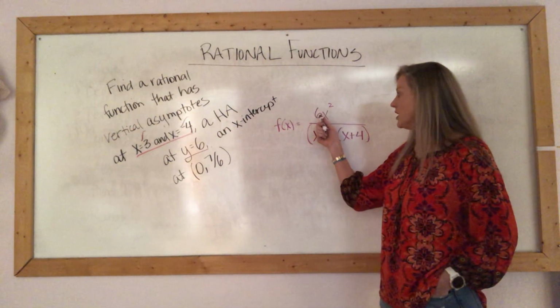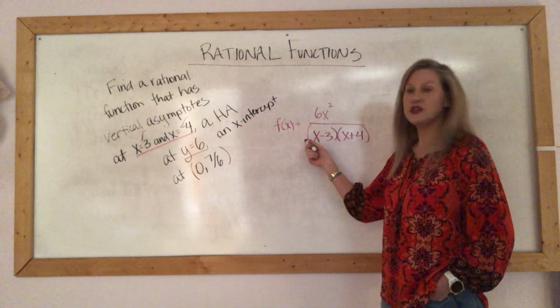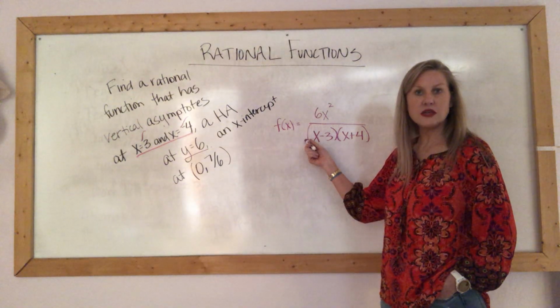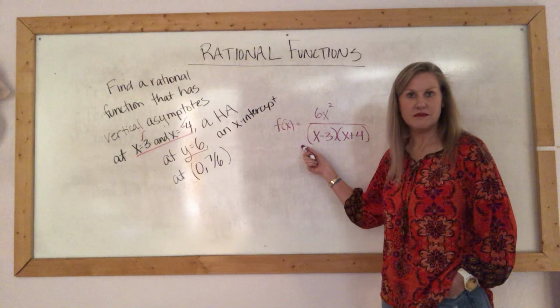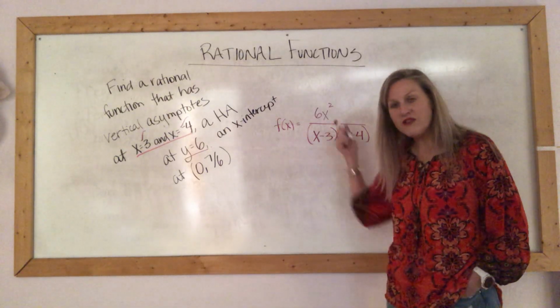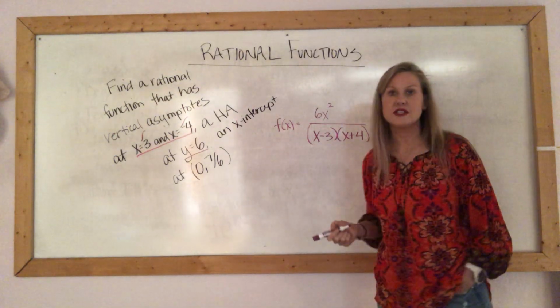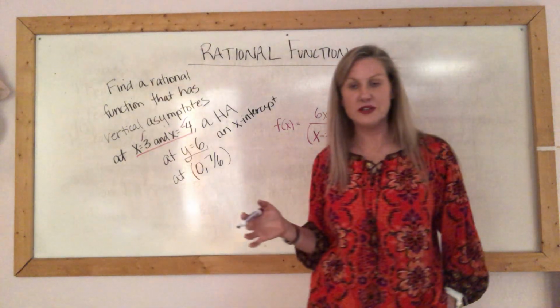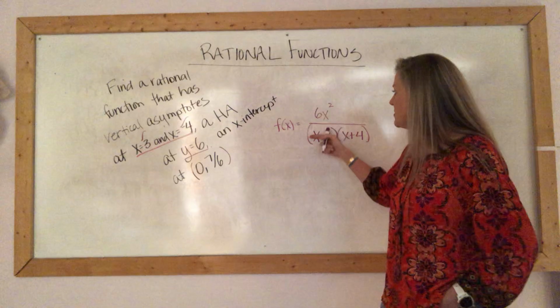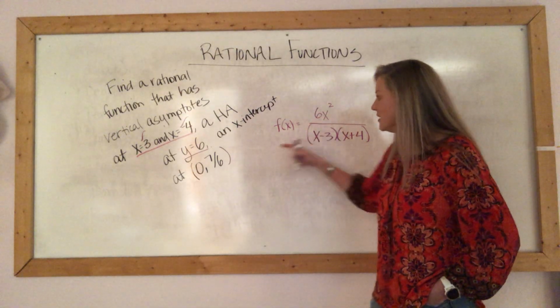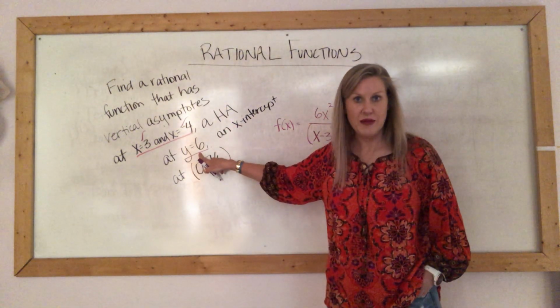I could put a 12 and a 2. 12 divided by 2 is 6. I could put a 36 in the top and a 6 in the bottom. So the rational functions can start looking different from each other because of the manipulations that I can do to still obtain that particular value.